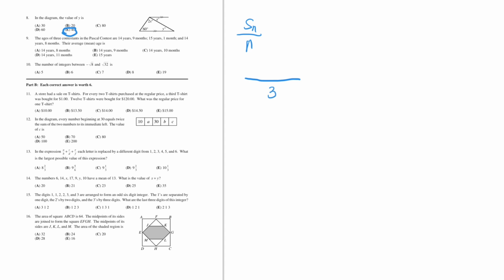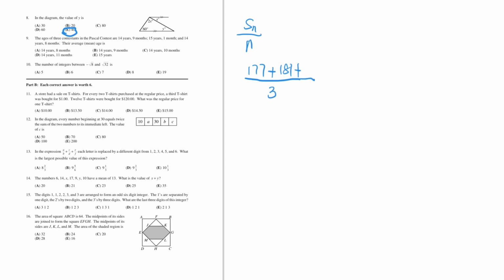The numerator: the first one is 14 years 9 months. We write it as months. So 14 times 12 is 168 plus the 9 months, that's 177 months. Plus 15 times 12, that's 180 plus 1 month, 181.